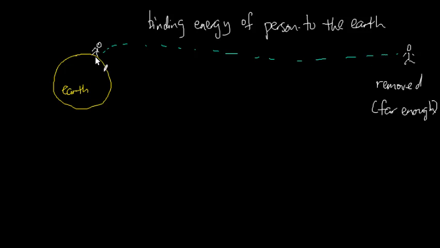And the amount of energy needed to bring the person very far away, we can even say to infinity, infinitely far away, would be the binding energy. We can call it the binding energy.